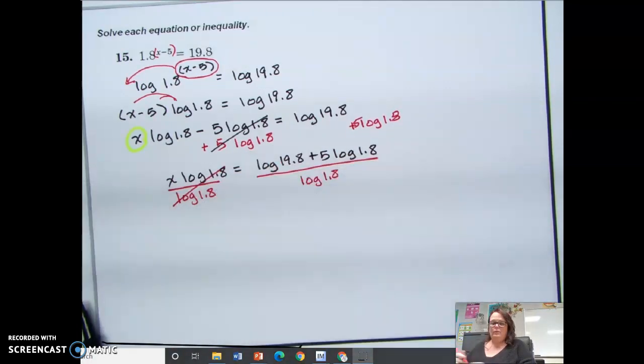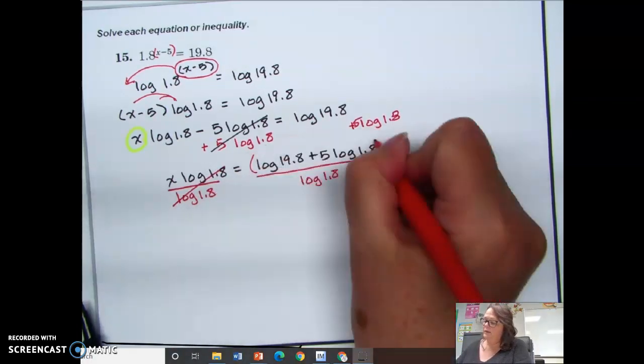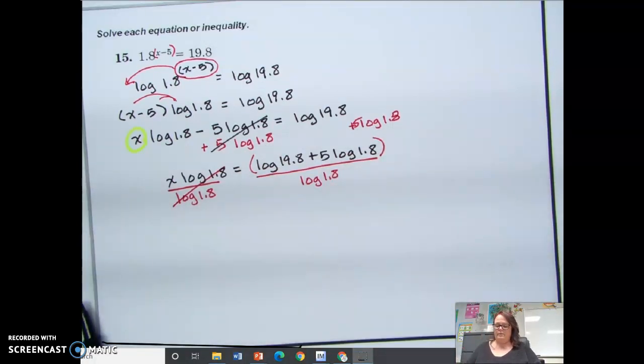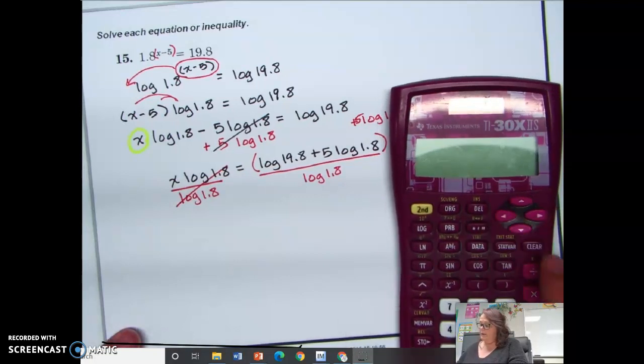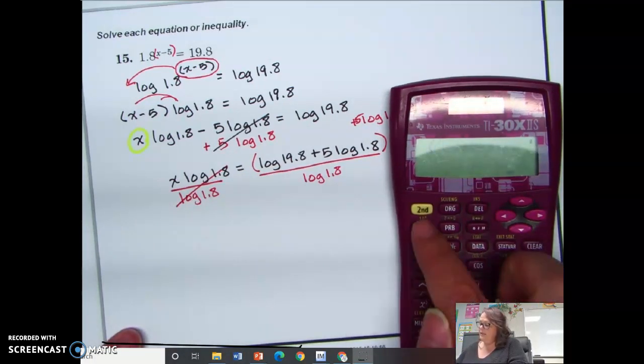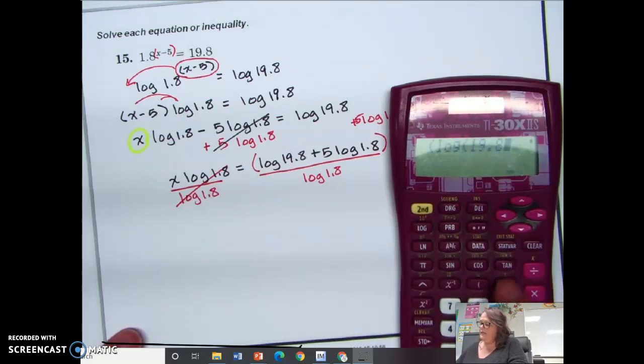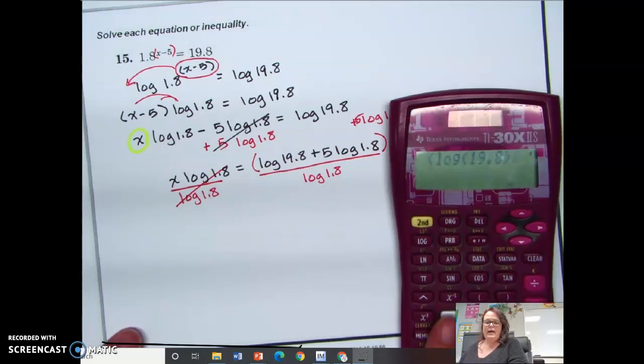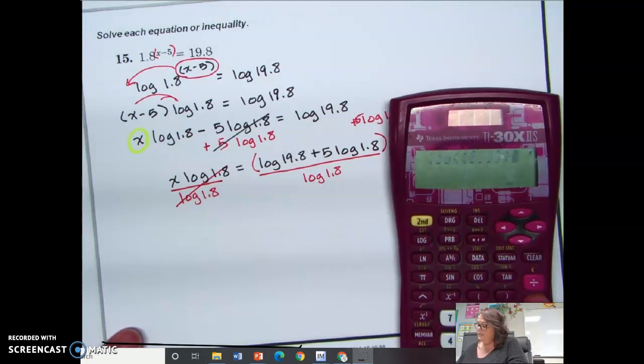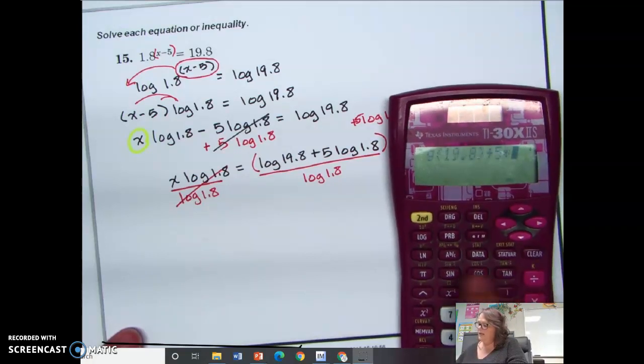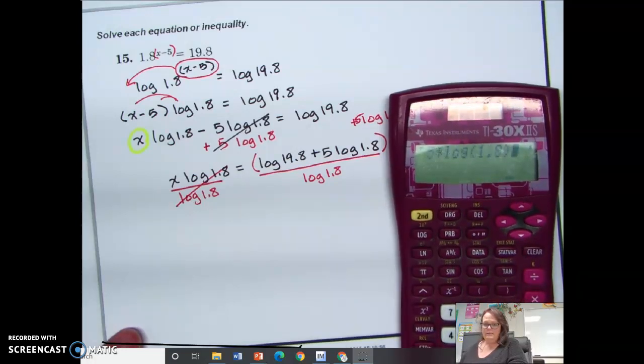So these cancel, and I want to make sure you can do this in both of your calculators. So you want to put parentheses around that. So if you have a forward-thinking calculator, you're going to type it just like you see it. So parentheses, and then we're going to do log of 19.8, and then close the parentheses for that log. Plus 5 times the log of 1.8, close the parentheses.